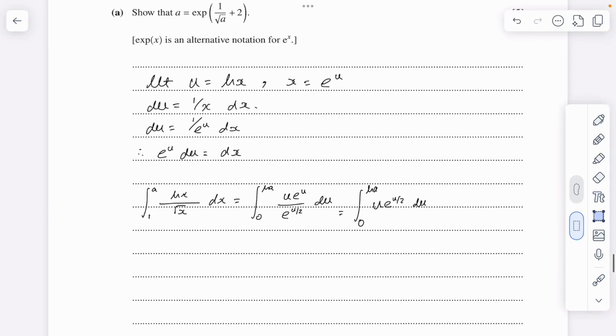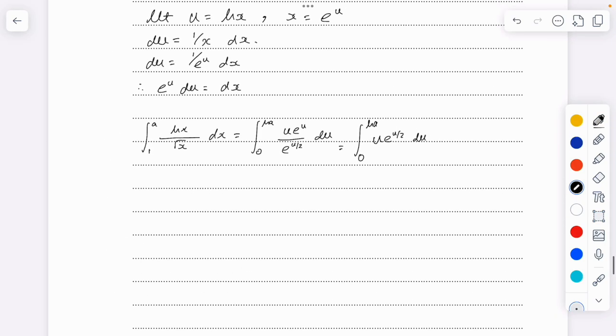Now we can do integration by parts. When we do integration by parts here, what I can say is let u equal u, let dv by du equal e to the u over 2.